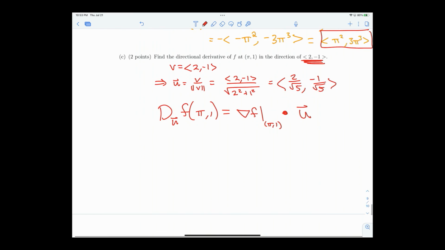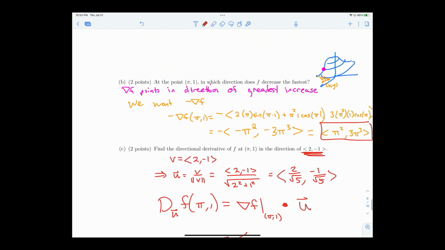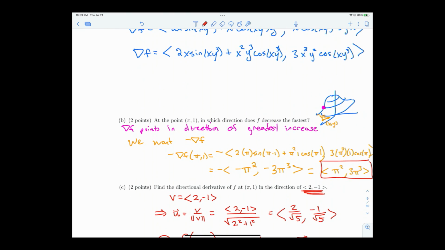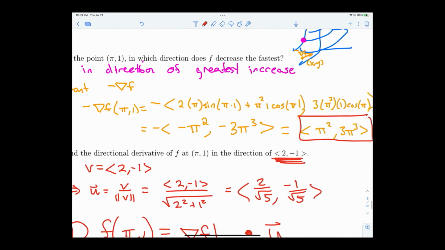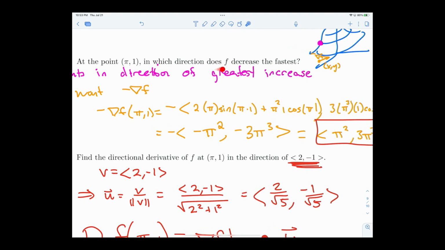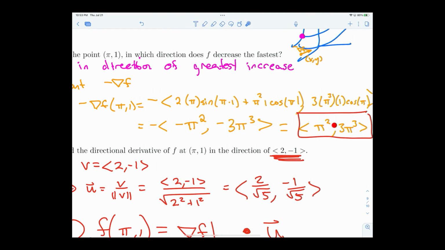Now, did we calculate the gradient of f at pi comma 1? Actually, technically we didn't. You have to be careful here. I asked what direction f decreases the fastest, and it was this one, but we had an extra minus on the outside. So the gradient actually has negatives here.